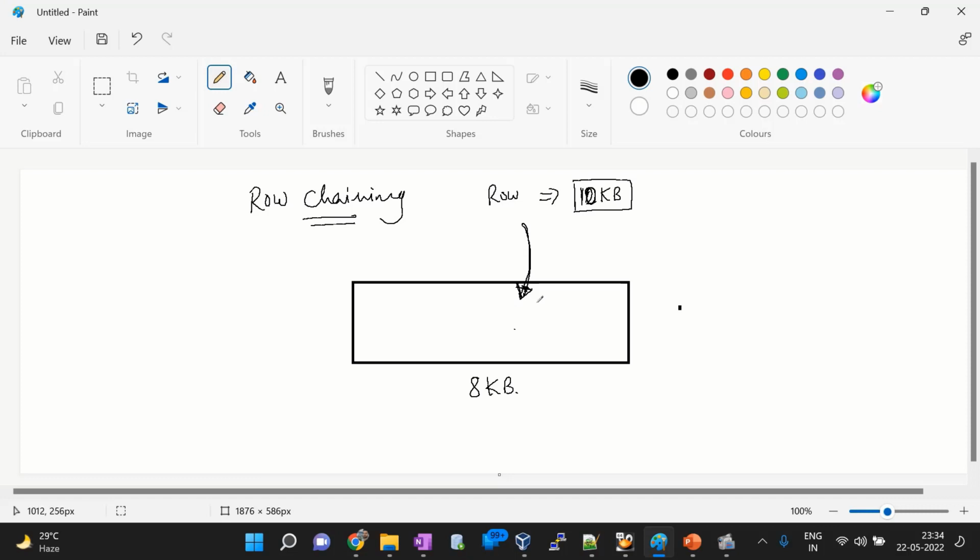So what will happen here? This row is too large to fit in a single database block. In this scenario, Oracle will have to use other 8 KB blocks to store the information of a row.